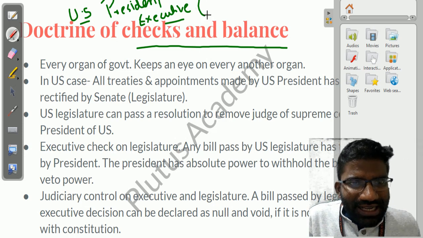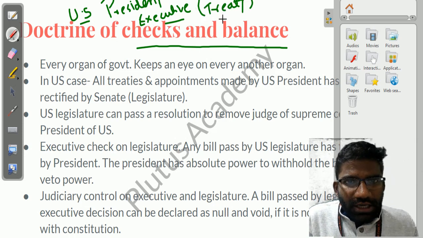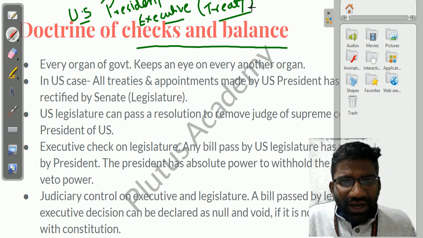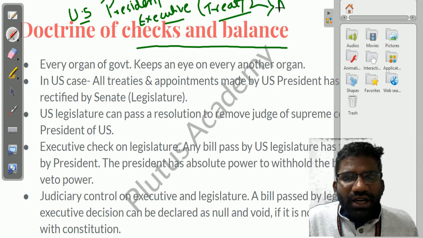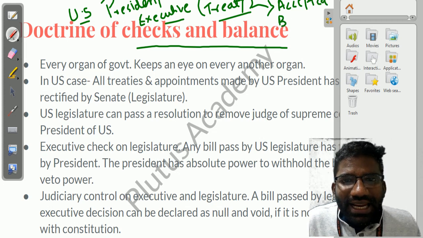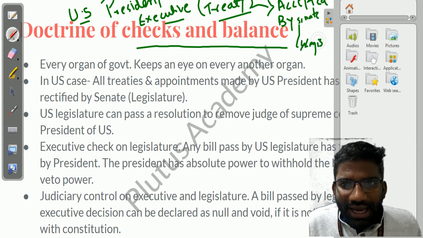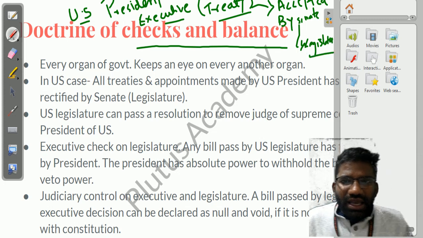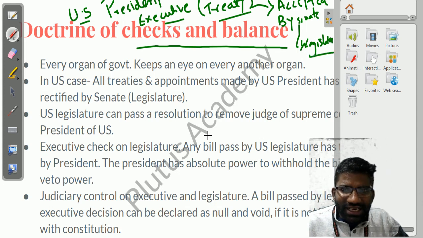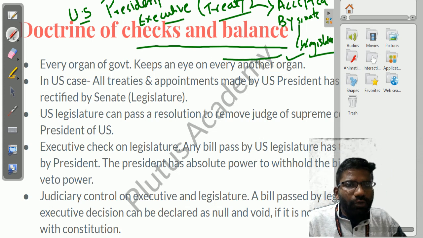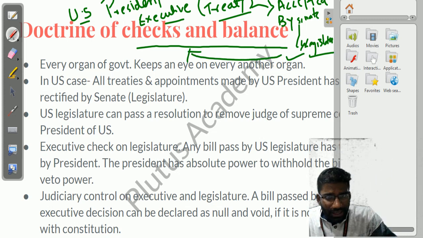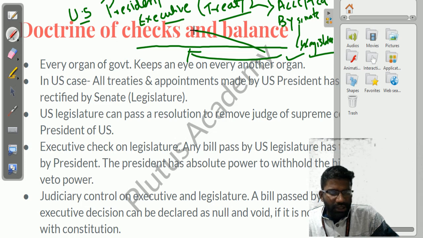See, if the President signs any treaty, the treaty has to be accepted or ratified by the Senate, that is the legislature. In this case, the legislature of the United States of America has more power over the executive. That means the legislature keeps an eye on the executive of the United States of America. This is the first point.